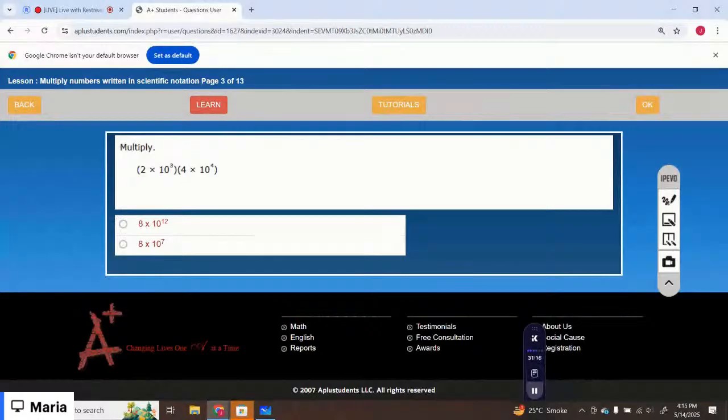Multiply 2 times 10 exponent 3 and 4 times 10 exponent 4, so which is the correct option? Four times two is eight, and when you add the exponents, 4 plus 3 is 7.